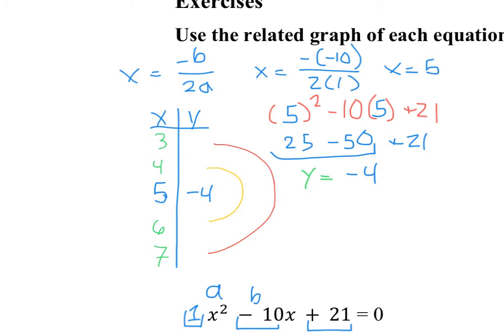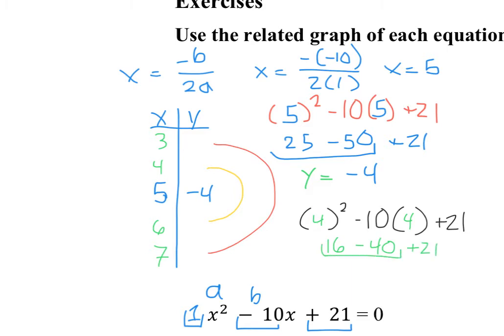So I'm going to go ahead and substitute in either 4 or 6. I'm going to choose 4 because it's smaller than 6 to keep my numbers down. And we'll see what we get. So I'm substituting in 4. So we get 16 minus 40 plus 21. So this right here will give us a negative 24 plus the 21 gives us a negative 3.